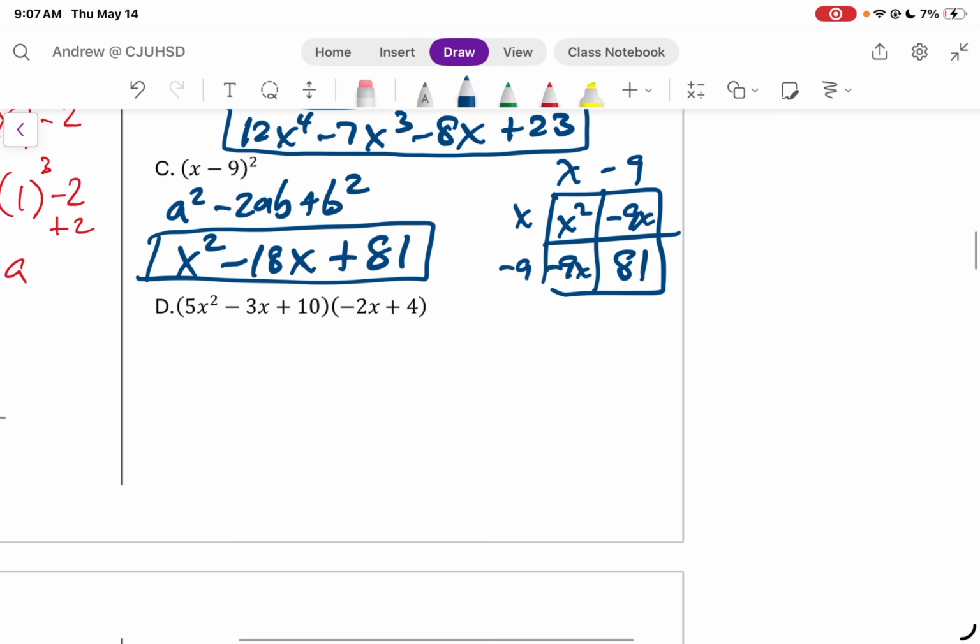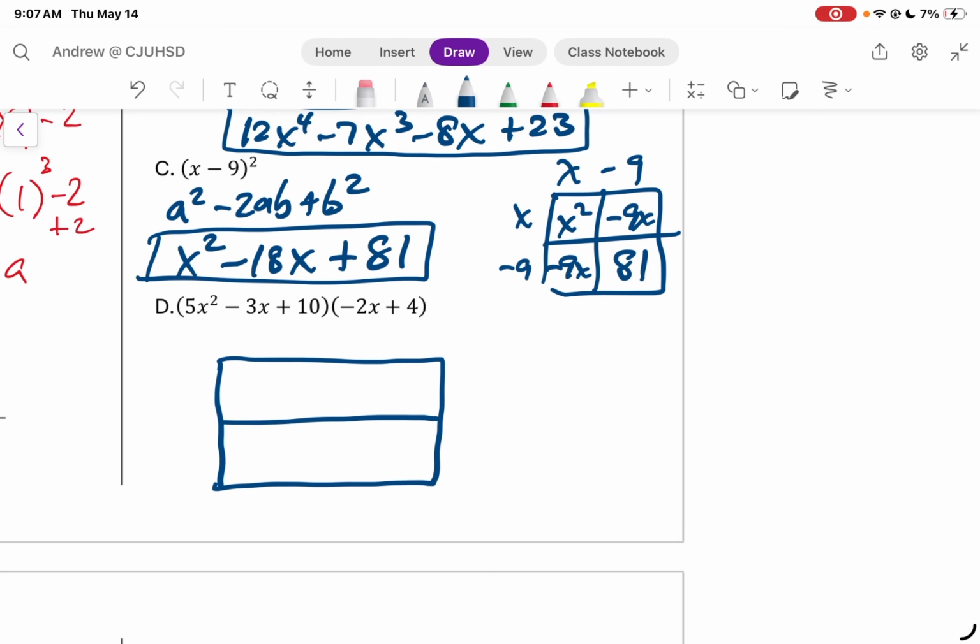Now, when you have a multiplication like this, you definitely want to set up a box. It's just too many multiplications here. 5x squared minus 3x plus 10, negative 2x and plus 4. And then we just multiply until we're all done multiplying.